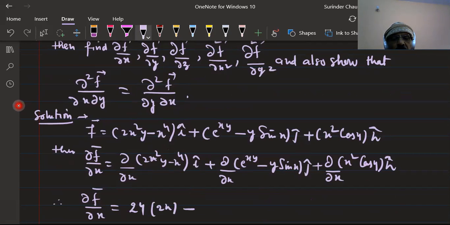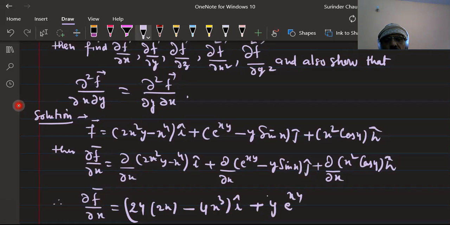So 2y i, minus, now x squared is equal to 2x, so the x component gives 2y i. Plus the differential of e to the power xy is y times e to the power xy, minus, y is constant, y times the derivative of sin x, which is cos x, j.